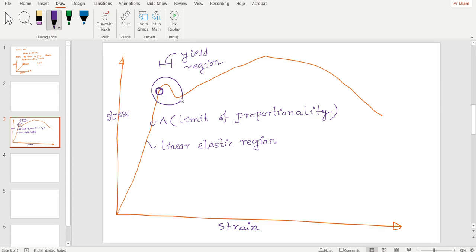This part is more important. Here is the upper yield point, and here is the lower yield point.